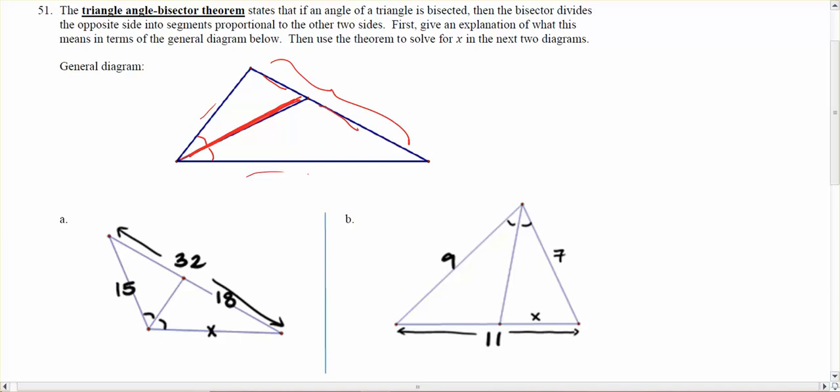Okay. So I think this is easier seen if we assign letters for the side lengths. Let's do that.